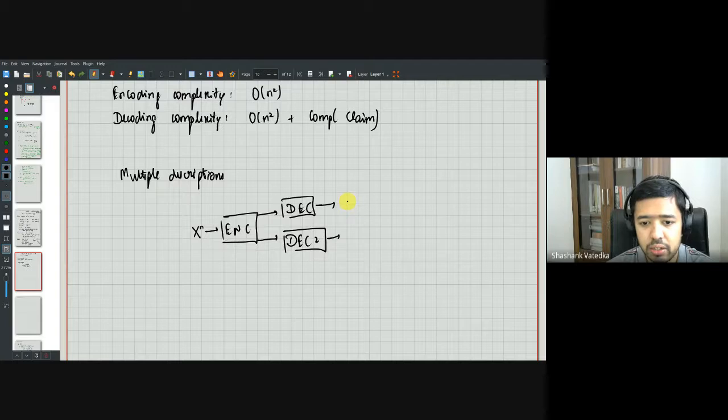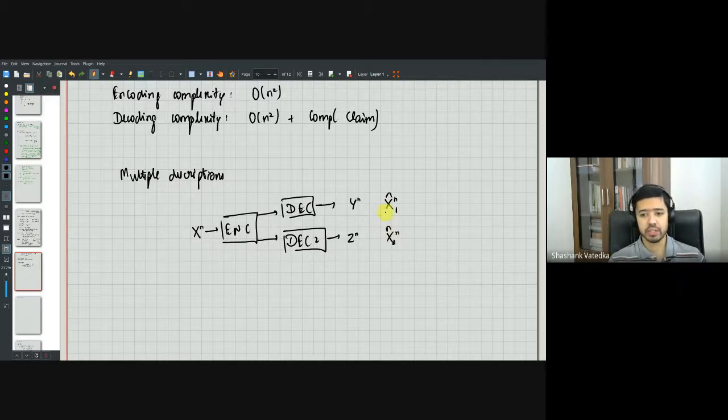This decoder wants some yn, and this one wants some zn. So let's maybe call these x1n hat and x2n hat. These are in some sense two different descriptions of this particular source.